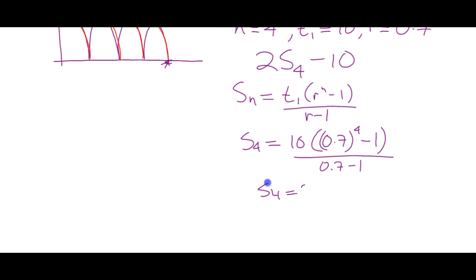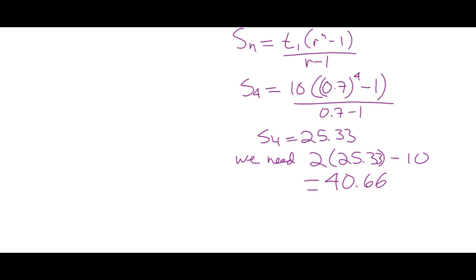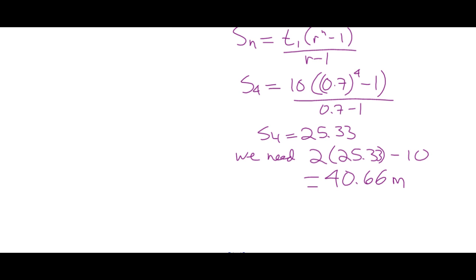So S4 is 25.33. For the distance we want, we need 2 times 25.33 minus 10, which will be 50.66 minus 10, or 40.66, and we need units, meters. So 40.66 meters.